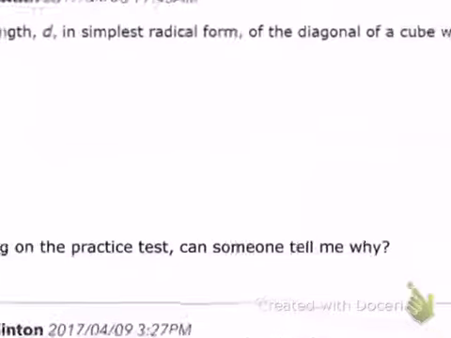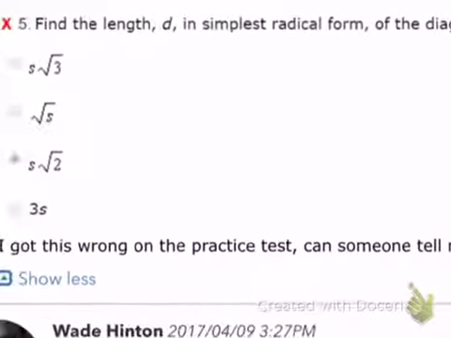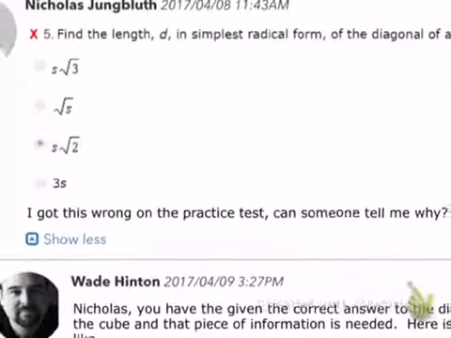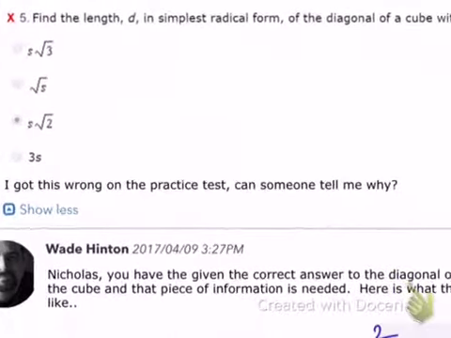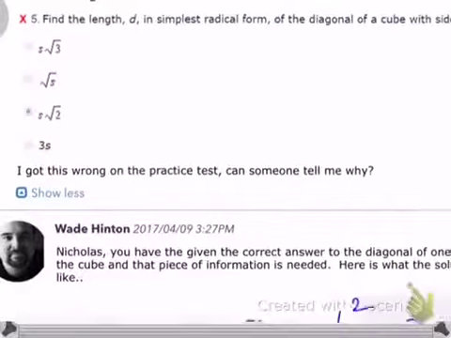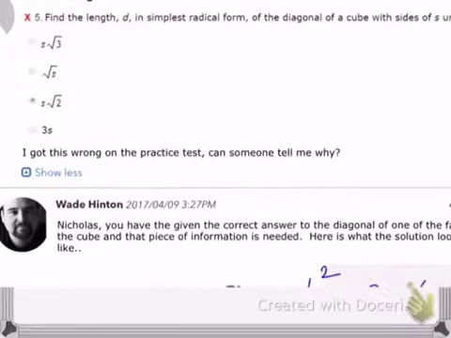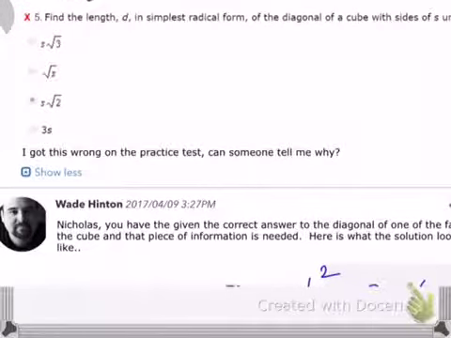And it is to find the length D in simplest radical form of the diagonal of a cube with sides of S. Now this is the most common incorrect answer that we get on this problem.